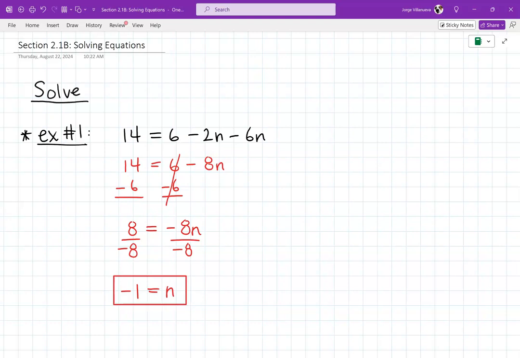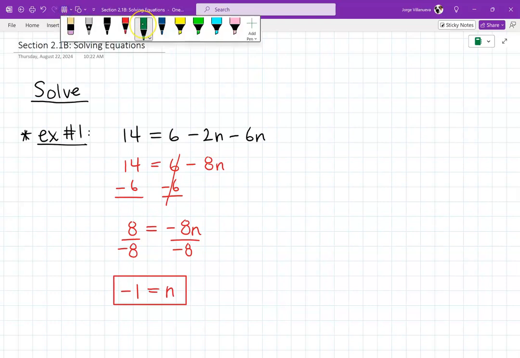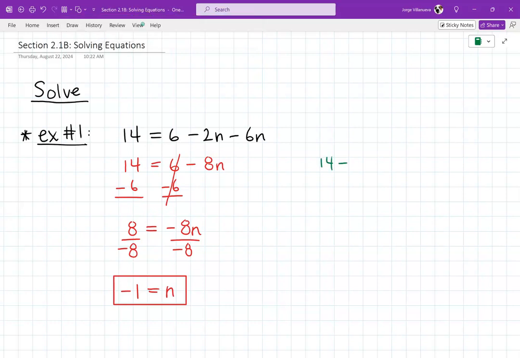Now, the way I like to do this, and it's not like I'm saving you tons of time, but what I'm saving you is a little bit of writing. Let me just change the color just so you know it's different. What I would have done on this step right here, and you can just watch, you don't have to write this out, I usually just draw an arrow and I say I'm throwing the 6 over there.